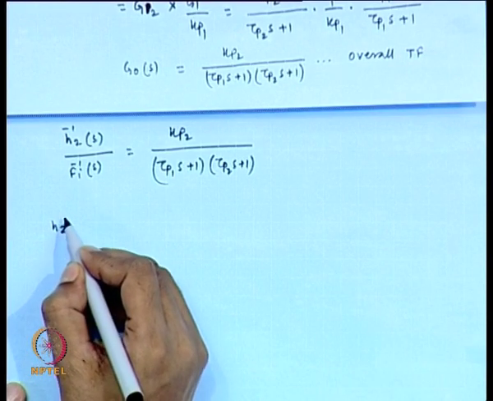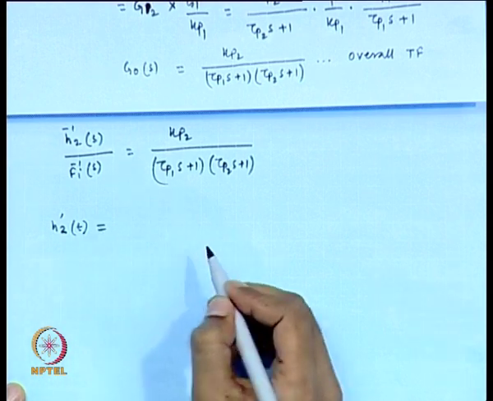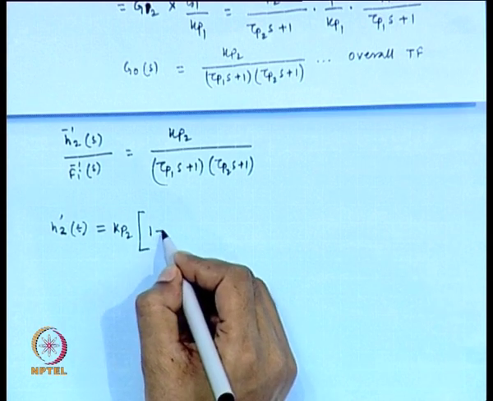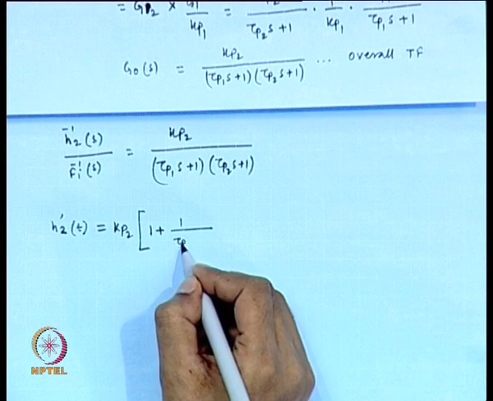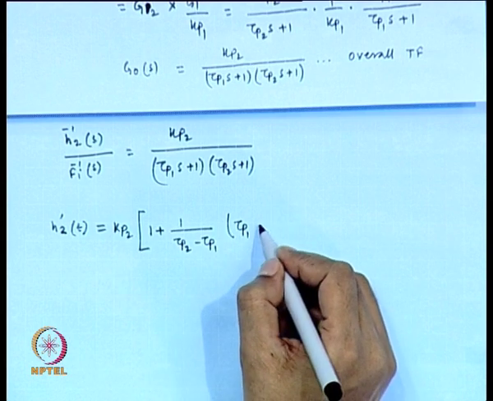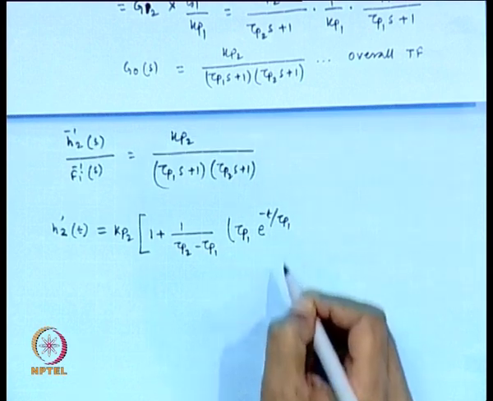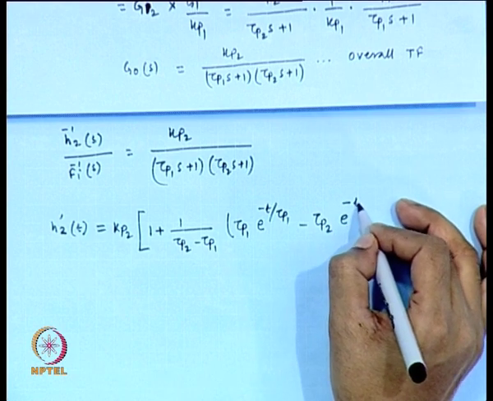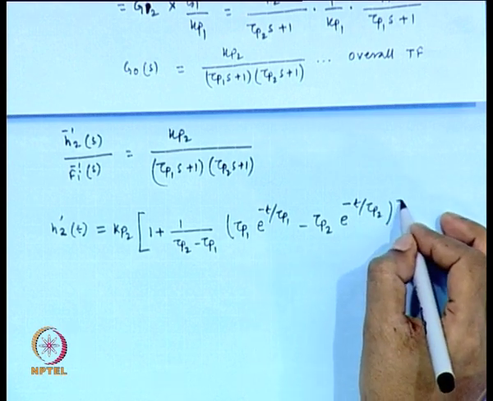Considering a unit step change in Fi and taking inverse of Laplace transform, we get the output in time domain as H2 prime(t) equals Kp2 times [1 plus 1 divided by (tau P2 minus tau P1) times (tau P1 exponential of minus t divided by tau P1 minus tau P2 exponential of minus t divided by tau P2)].